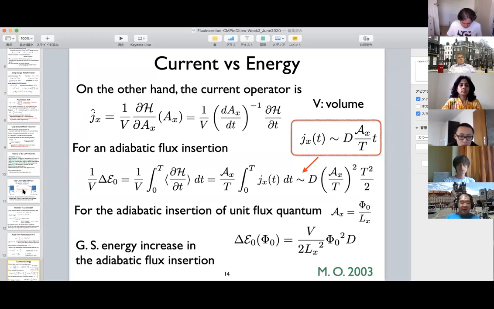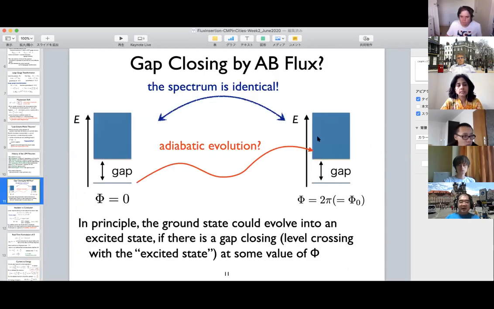Okay, so actually the problem depends on the dimensionality, but yeah, this was my motivation. So I assume that the system has a gap.